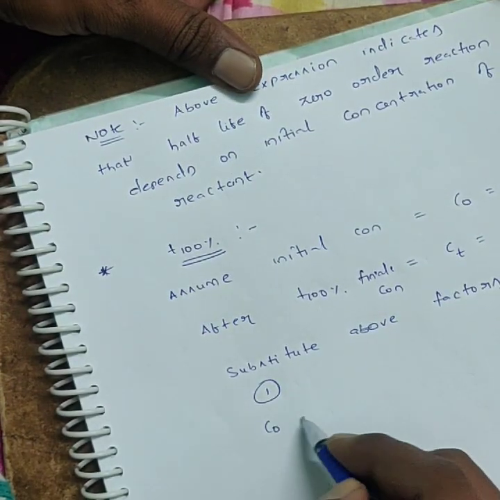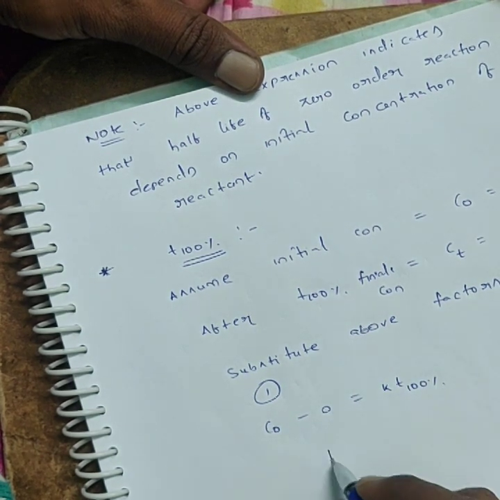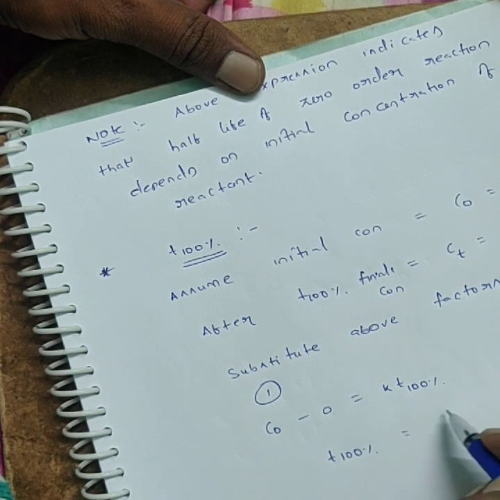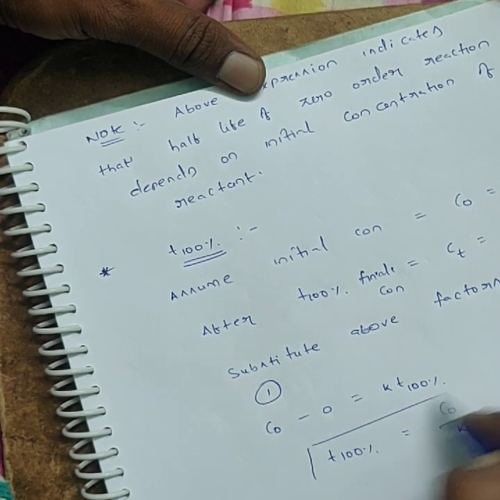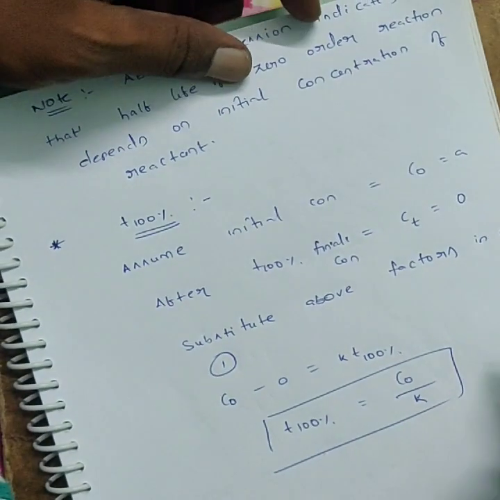Finally we will get C naught minus 0 is equal to k into t 100%. Therefore t 100% is equal to C naught by k. Let it be the fourth equation.